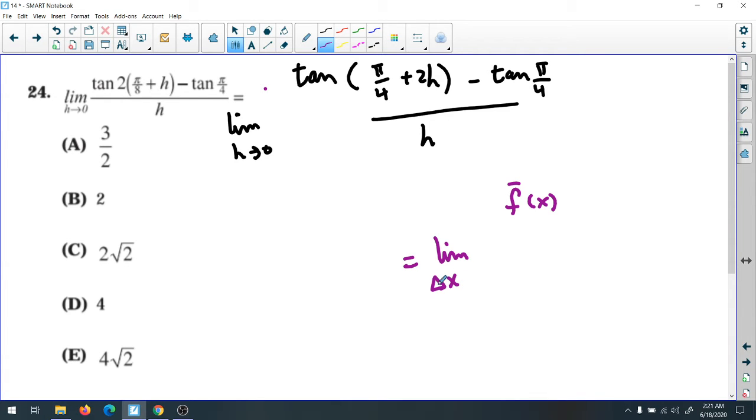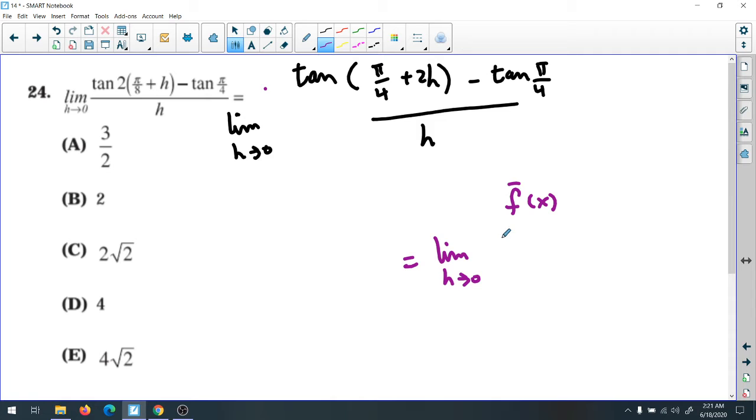If you want to make it h, it doesn't matter. Make it h here, not x. I don't want to confuse you. Sometimes they make it delta x, sometimes h, sometimes different. So when h approaches 0, that's the little amount of change.